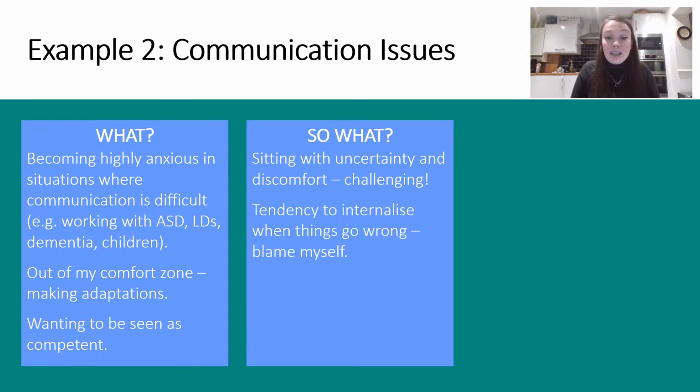I have a tendency to internalize when things go wrong. I have a tendency to blame myself, basically. I'm very anxious and blame myself, rather than thinking objectively, okay, maybe I don't have the skills yet in this, and that's fine. It's nothing to do with me as a person, but that's the tendency I have.